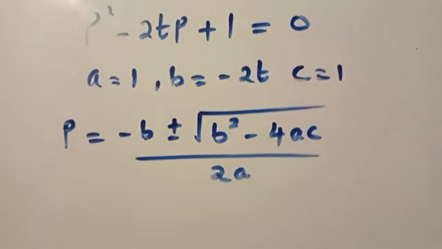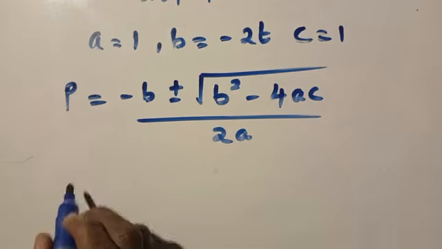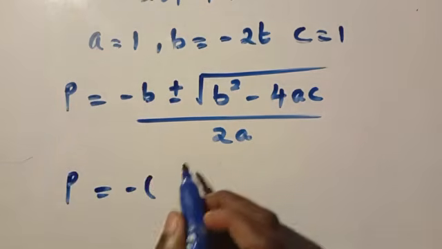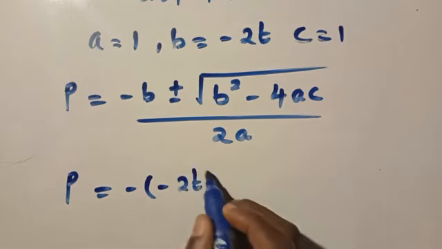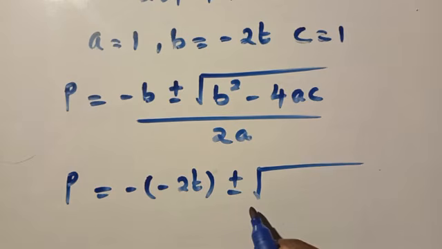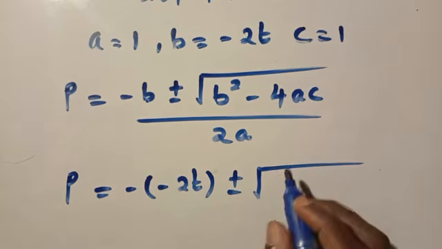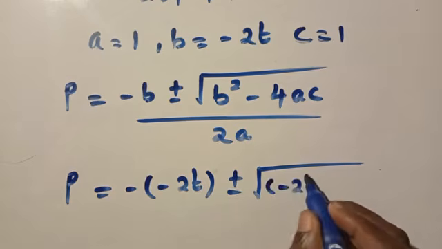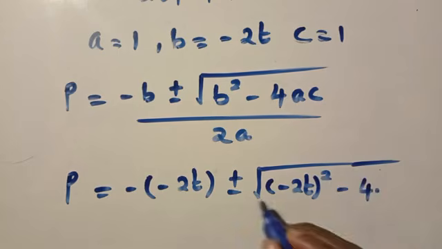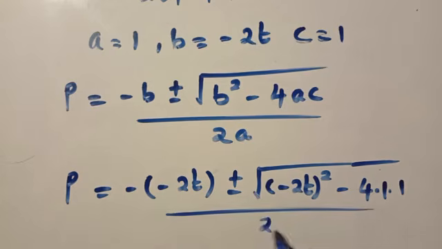We substitute everything: p equals minus (minus 2t) plus or minus the square root of (minus 2t) squared minus 4 times 1 times 1, divided by 2.